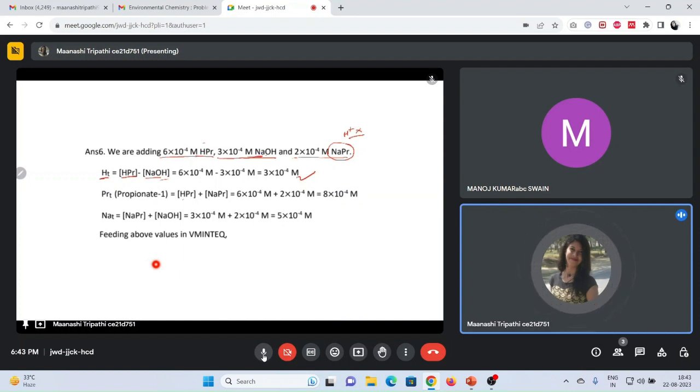Here no Pr is there, so that's why we are not writing it. Then NaPr we are adding, so this is propionate. Then what about sodium? Here we have sodium and here we have sodium, so that's why we are adding both. Then we are writing this. Now we just have to put all these values in Visual MINTEQ.